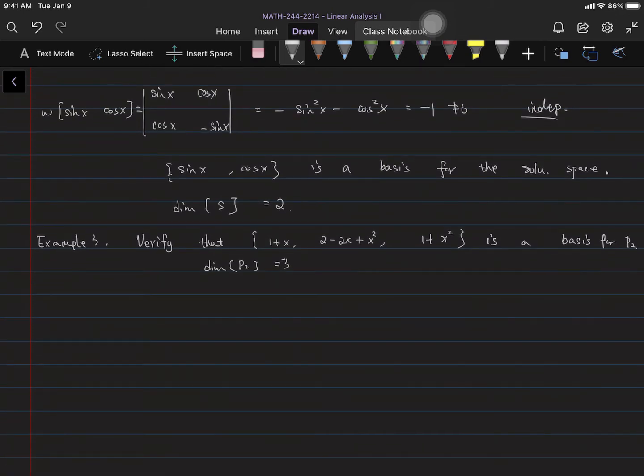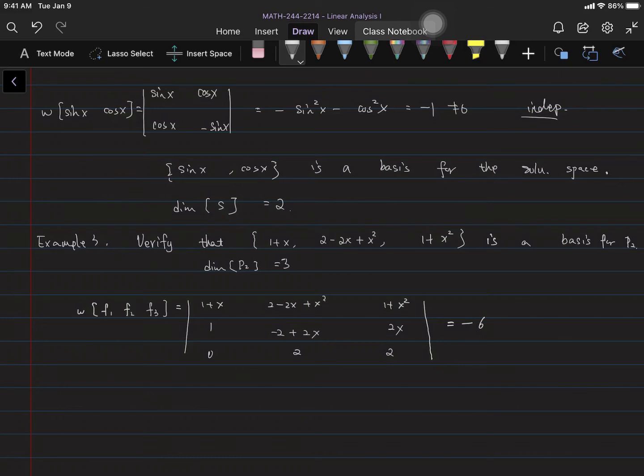So we need to prove they are independent. Let's see how to prove it using the Wronskian. We also did this in the last quiz. First row 1 plus x, derivative 1, second derivative 0. Then 2 minus 2x plus x squared, derivative, and second derivative 2. After simplifying, this equals negative 6.